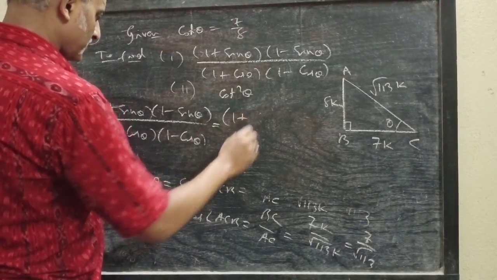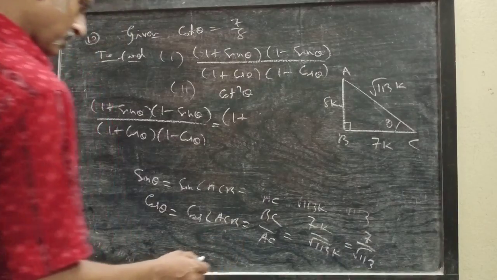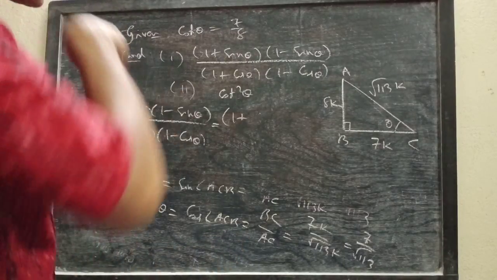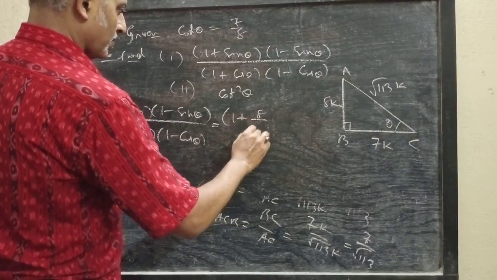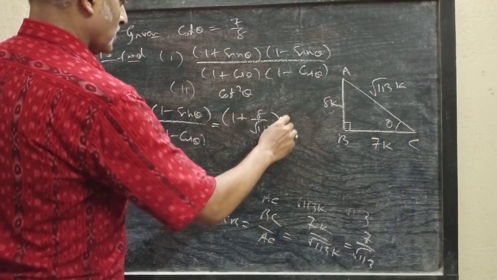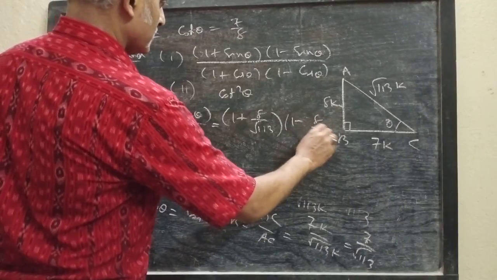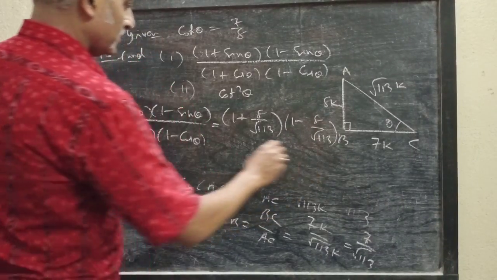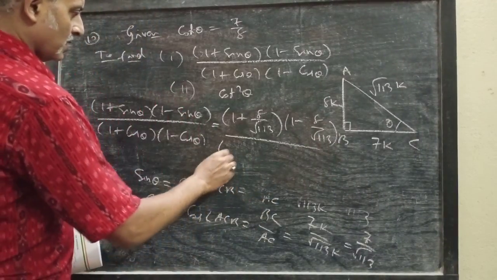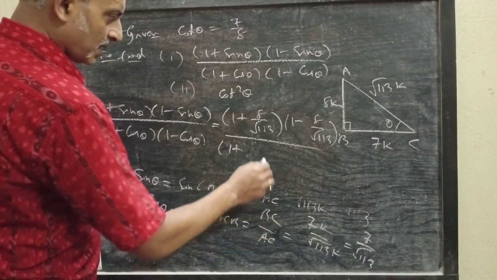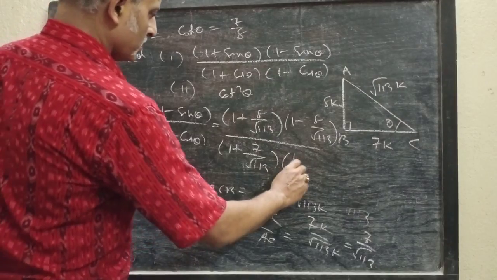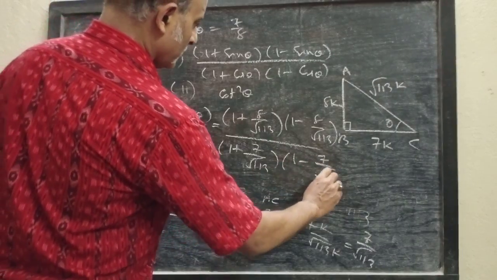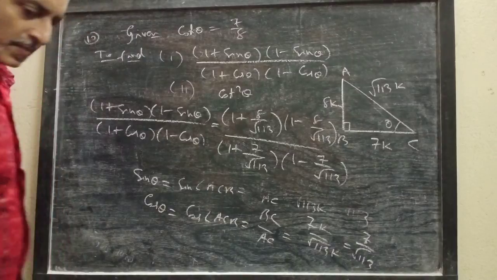So 1 plus 8 by root over 113 into 1 minus 8 by root over 113, divided by 1 plus 7 by root over 113 into 1 minus 7 by root over 113.